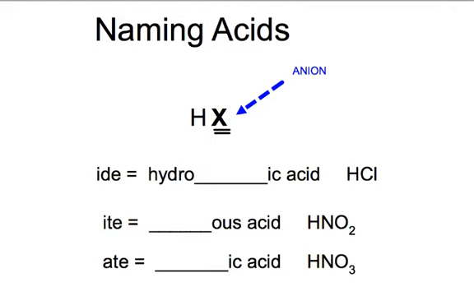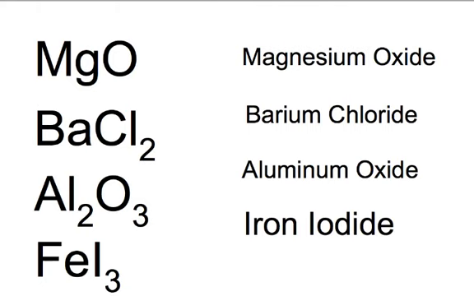I want to go back one slide right here just to let you know why this does not have any subscript or any numbers written down here. Remember, magnesium is +2, oxygen is -2, crisscross applesauce, there would be a 2 here and 2 here, and you can cancel those out or reduce them. Barium is +2, chloride is -1, the 1 comes down here, it's known, you don't have to write it down there.